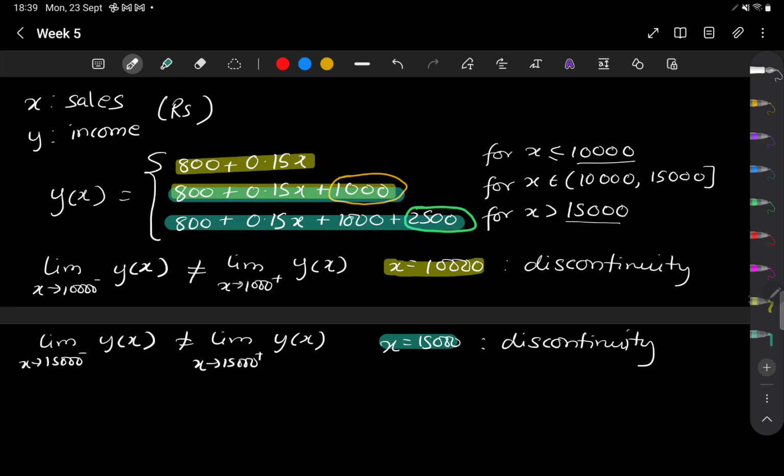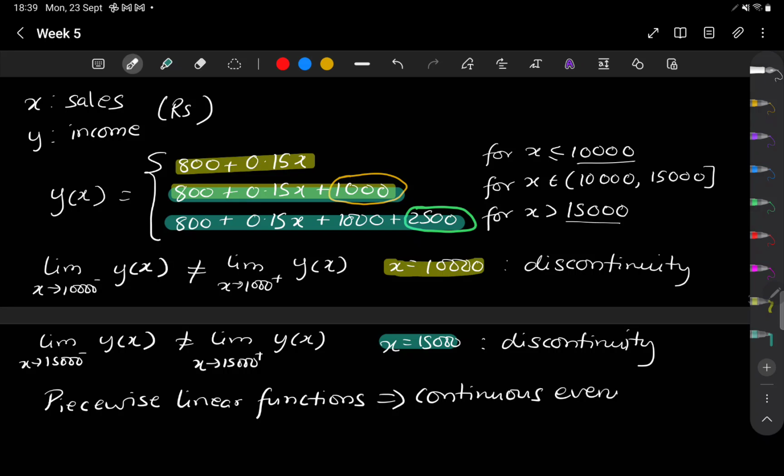And because all of these functions are piecewise linear functions, that means they are continuous everywhere else except for these two particular points, 10,000 and 15,000.